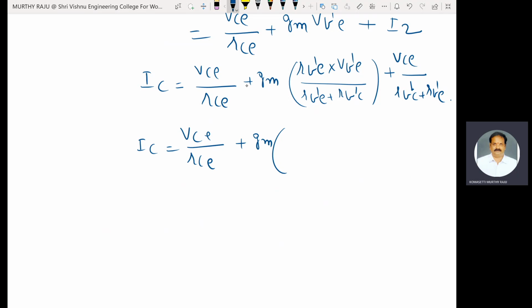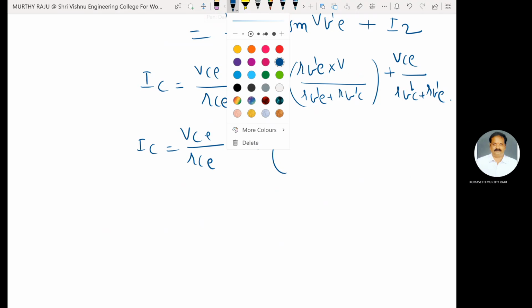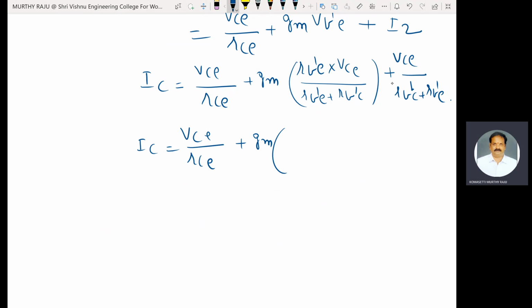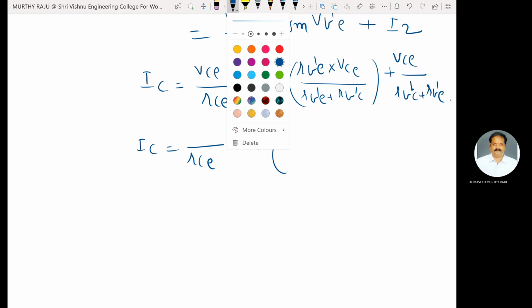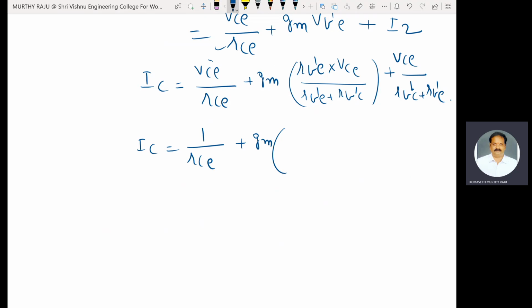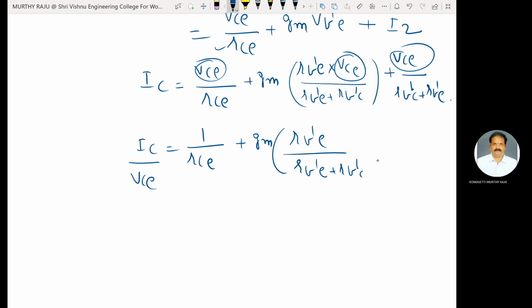The total voltage applied to the circuit is VCE, so VCE is the common term. IC by VCE is equal to 1 by RCE plus GM into RB'E by (RB'E plus RB'C) plus 1 by (RB'C plus RB'E).